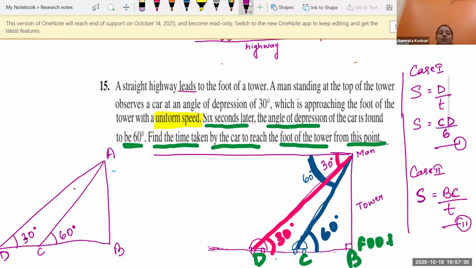If you want, one thing you can do: pair of linear equations chapter हमने discuss already किया है, you know how to solve questions from the word problem. Quadratic equation also you have done.